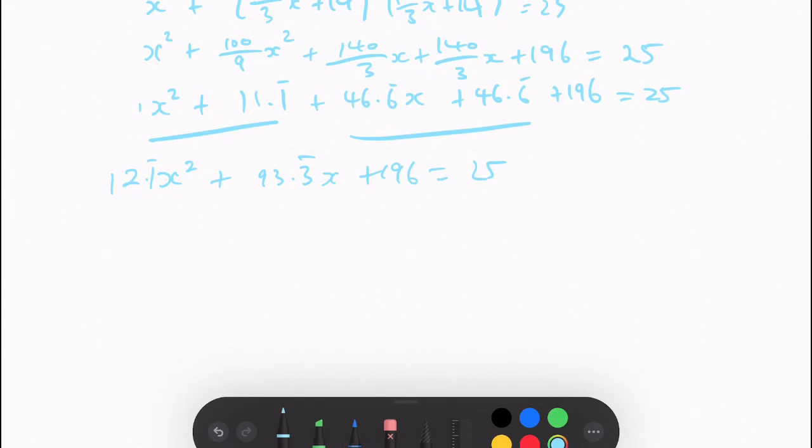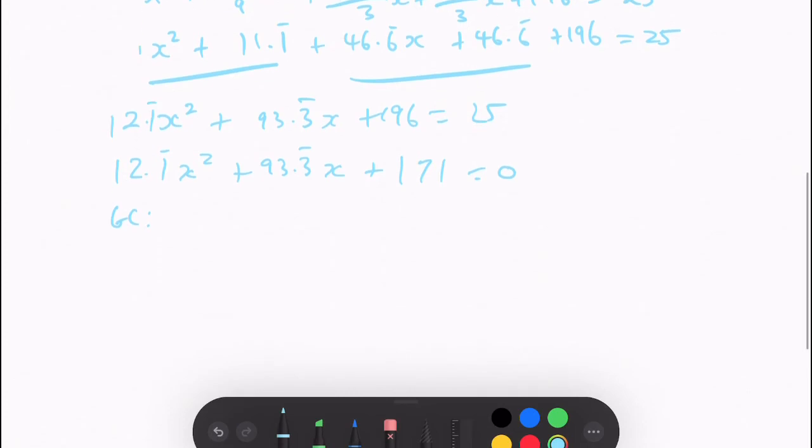Now we move the 25 over. We get 12.1 x squared plus 93.3 x plus, that'll be 196 minus 25, 171. 171 equals 0. Now we go to the graphical calculator and use the equations. Polynomial degree 2. A will be 12.1, and then B would be 93.3, and then C would be 171.